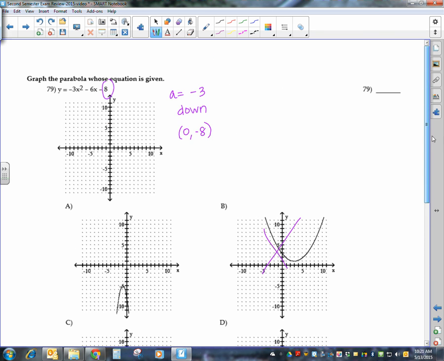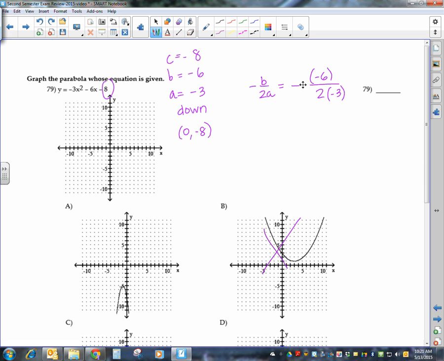Now we need to find the x-coordinate of that vertex, which we've done multiple times in this last group: negative b over 2a. a is negative 3, b is negative 6, c is negative 8. Negative b is negative 6 over 2 times a.